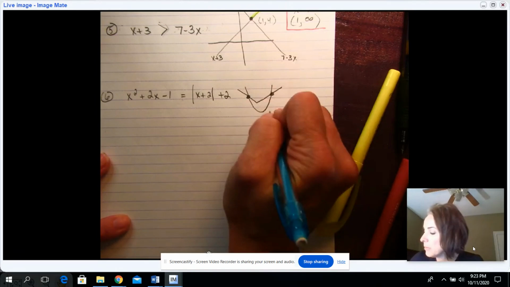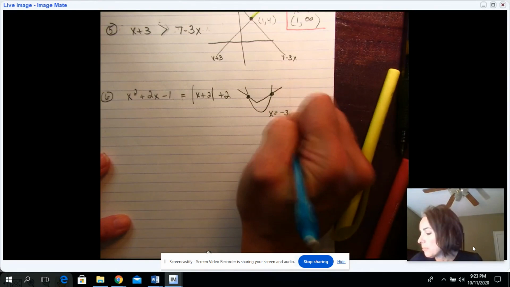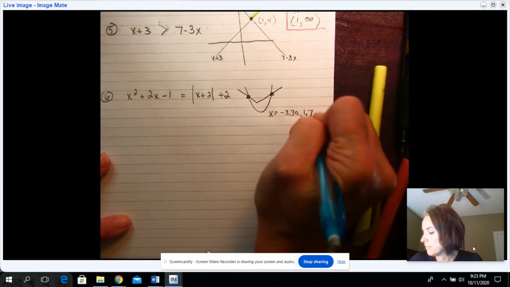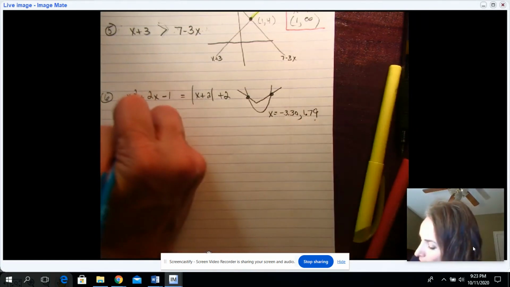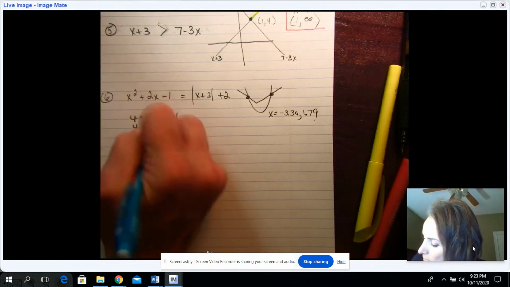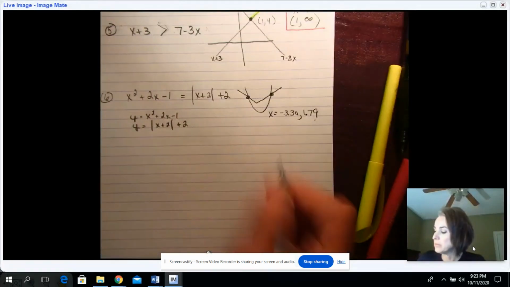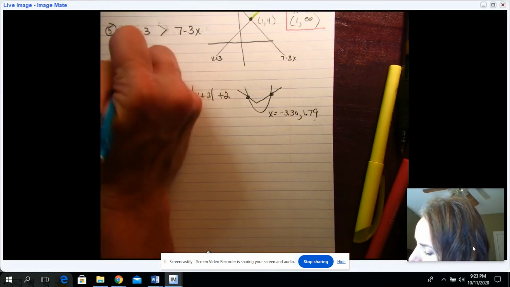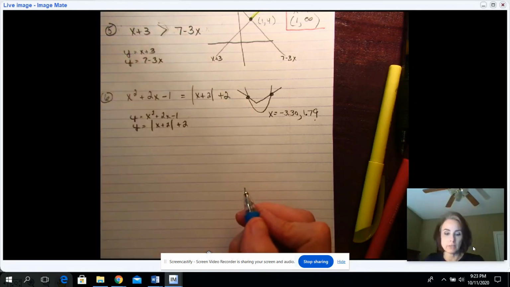And in this case, if you were to put them in Desmos, they would intersect at negative 3.30 and 1.79. You can put them in Desmos to see that. So you would say y equals x squared plus 2x minus 1, and you would say y equals the absolute value of x plus 2, plus 2. And that's what the graph would be. Up here you would have y equals x plus 3, and then y equals 7 minus 3x. And then look at the intersections.